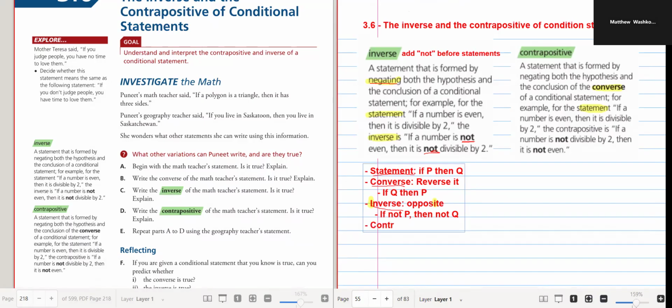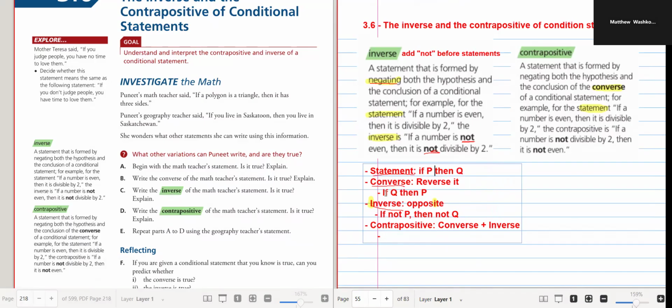So the contrapositive here, again, you're going to negate the converse. Okay, so I'm going to negate the converse. The statement is this.